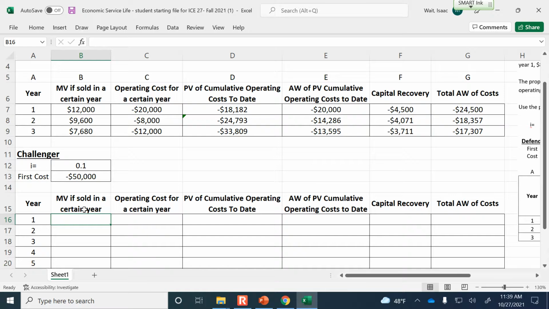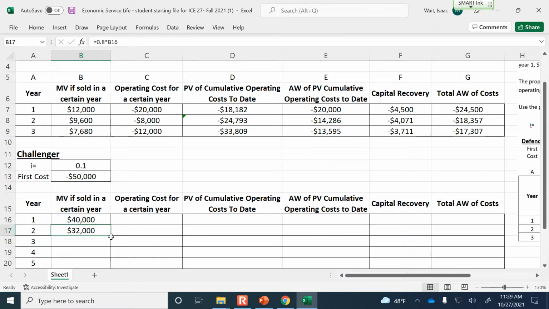So I'm going to say equals 0.8 times this amount, but the one other adjustment I need to make is that the first cost is an outflow, market value is an inflow. So it should be a positive 40,000. If I sell the equipment after 1 year, I get 40,000. Again, the year after that, it's 80% of the previous value.